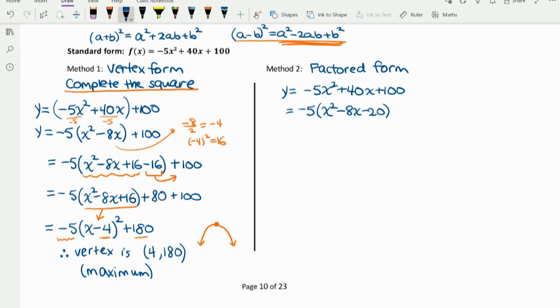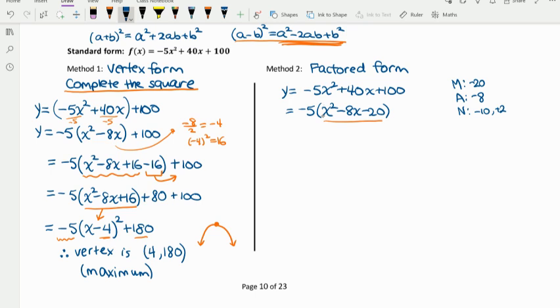You can do the MAN method or whatever method helps you with factoring. I'm only going to use the inside, the negative 5 that I've common factored out. I don't need to worry about it. Just keep writing it, but don't touch it. So multiplies to negative 20, adds to negative 8, my two numbers, negative 10 and positive 2.